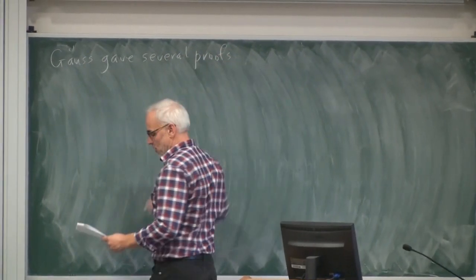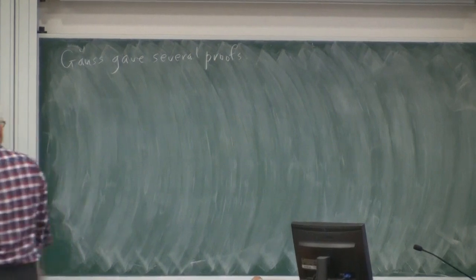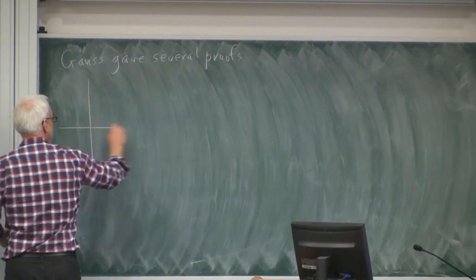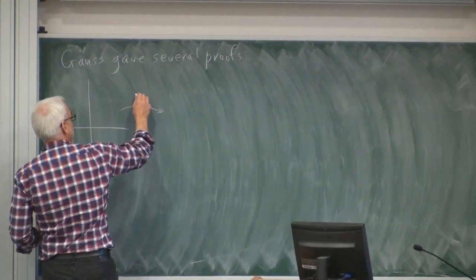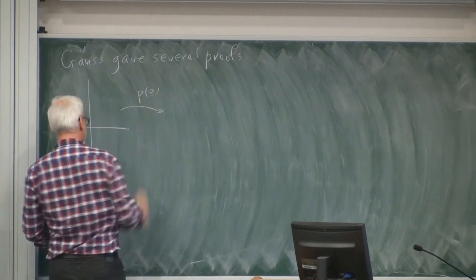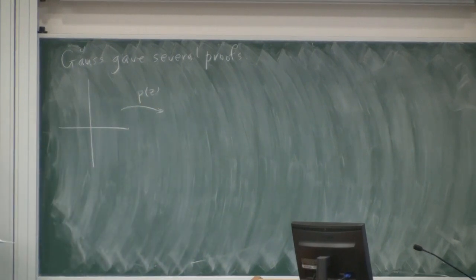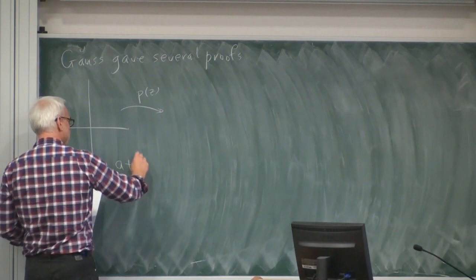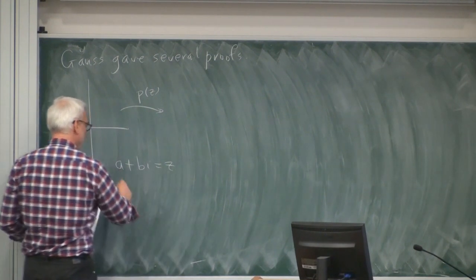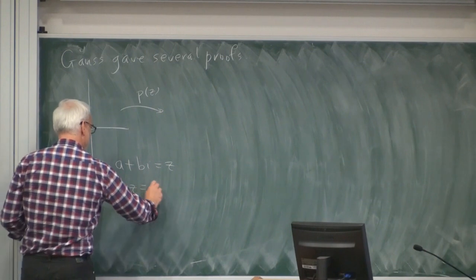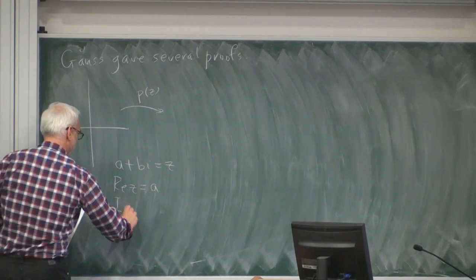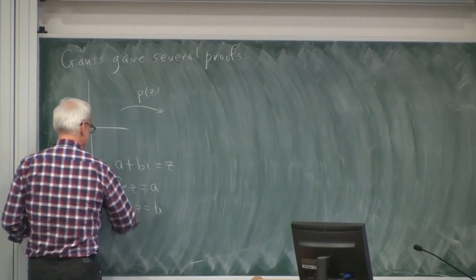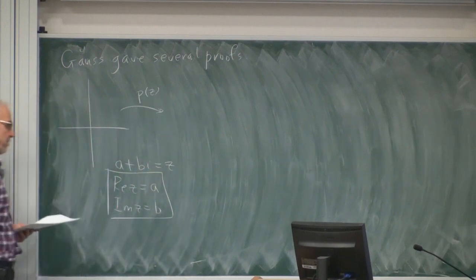And I'll just give you one of them. So his idea again is we've got this polynomial P of z, and if a complex number is z equals a plus bi, then we say that a is the real part of z and b is the imaginary part of z. Okay, that's standard terminology.